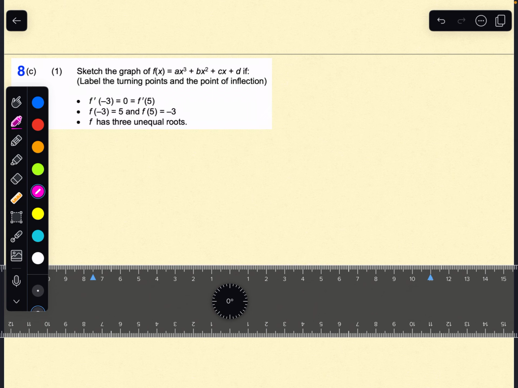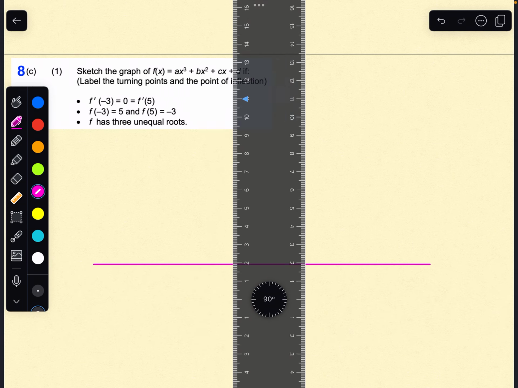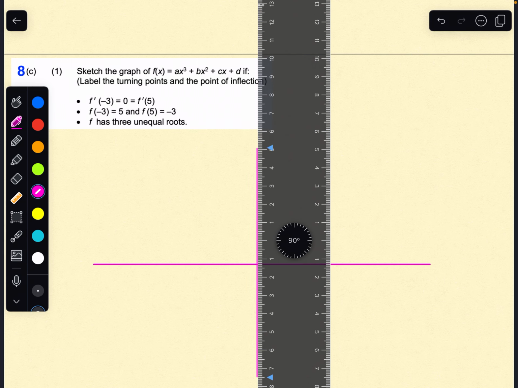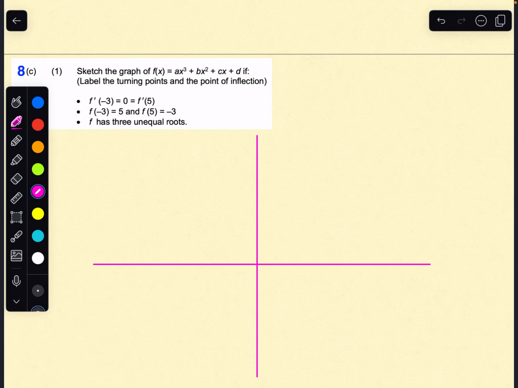Make this nice and big and bold. Okay, so we know that we have the points (-3, 5) and (5, -3).